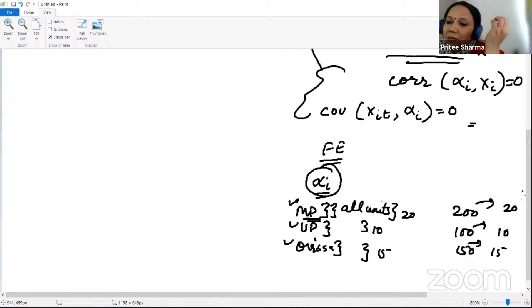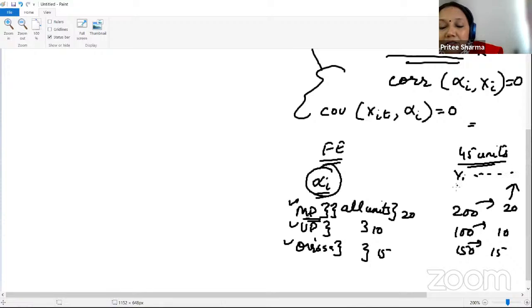Now what is going to happen? The entire total size of the panel will be 45 units. For these 45 units, you will have data like Yi, and that is going to give you an alpha i. Now that alpha i will be for the representative firms, randomly chosen representative firms.